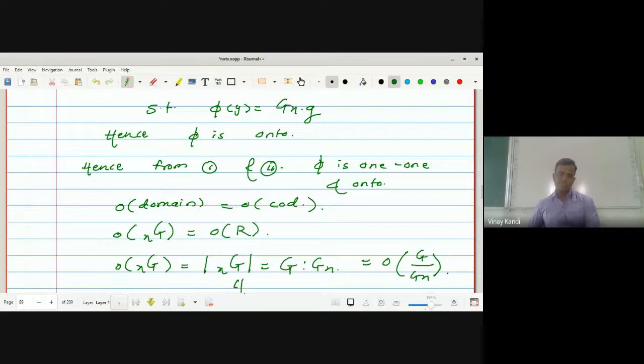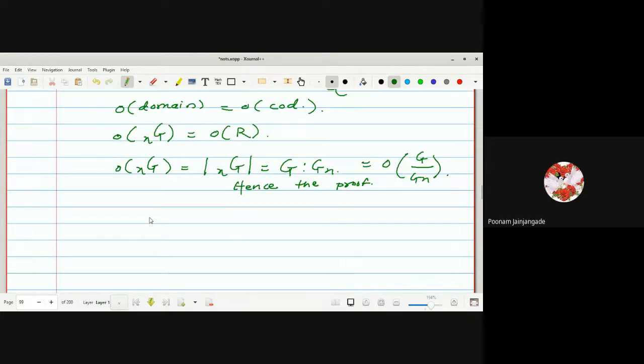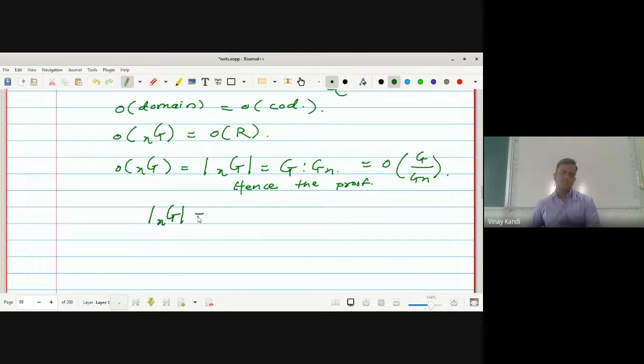Is the proof. Any doubt? No, sir. Okay, that is order of xG is equal to order of G upon order of GX. Okay, किती x ची आहे त्याची. The second one. Next thing.